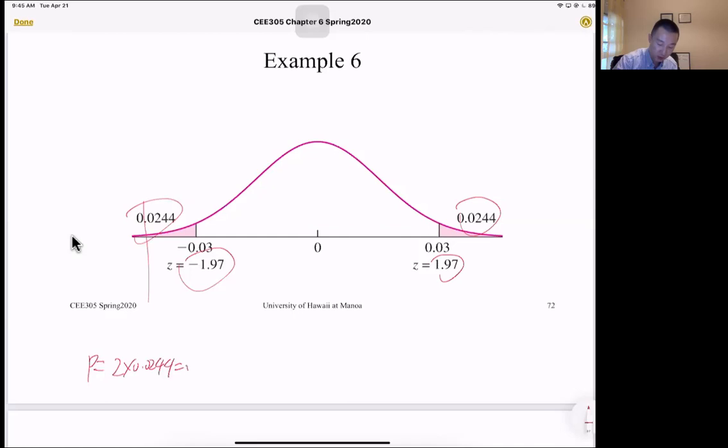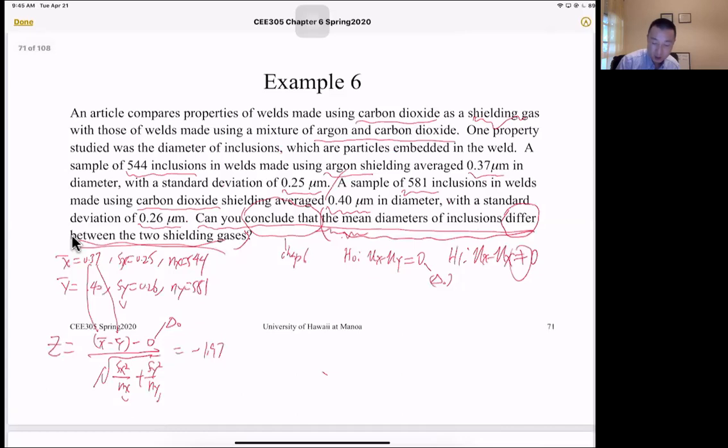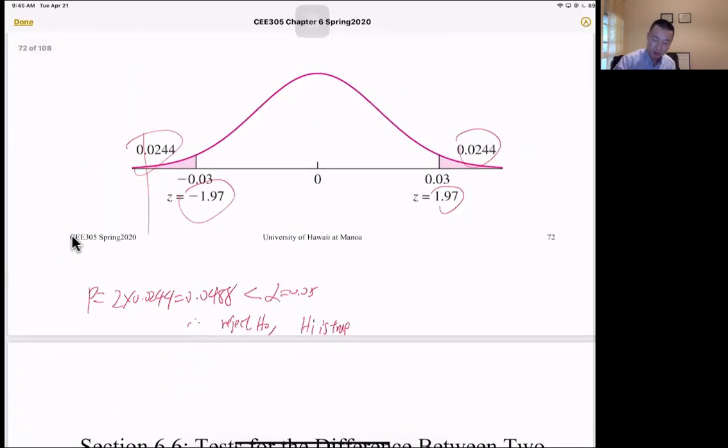So the p-value is 0.0488, which is less than alpha, 5%. So we can reject H0 and we see H1 is true. H1 is true means yes, we can conclude that the mean diameter of inclusion differs between the two shielding gases, because we set up whatever comes after the conclusion as H1.